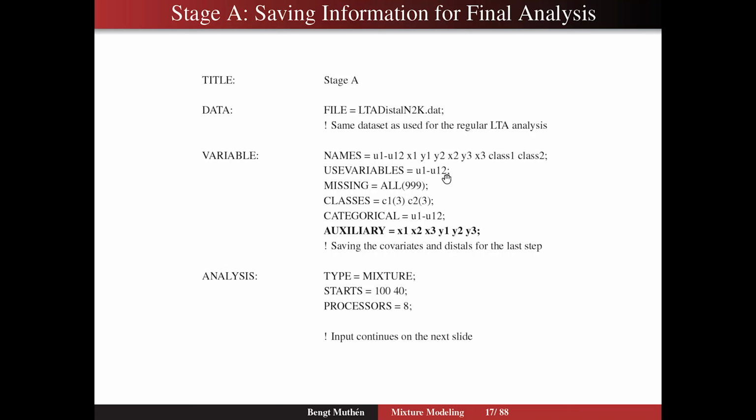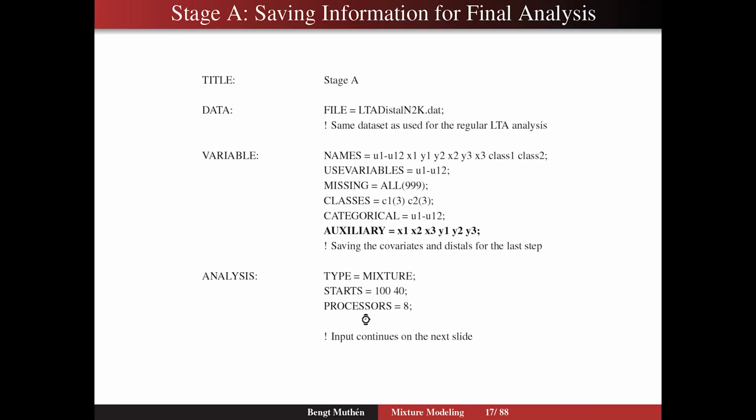We're going to use the latent class indicators, U1 through U12. We're going to have 3 classes for each time point and declare those U variables as categorical. And here's what we need to do. We need to add the auxiliary option to save X's and Y's for the last step. And then we do a mixture analysis with a sufficient number of starts.